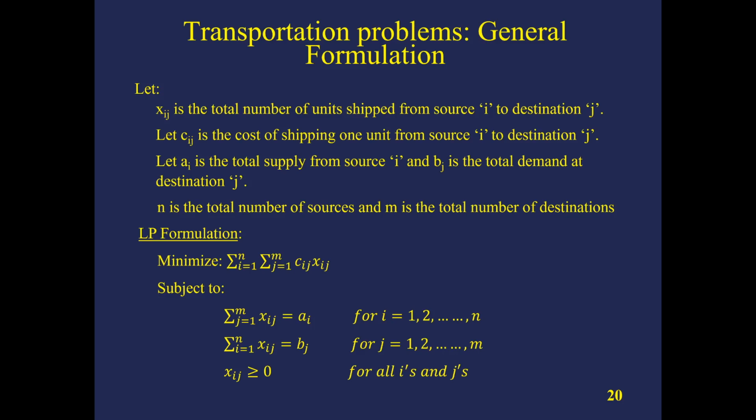Again, double subscript variables are useful in this kind of formulation. We say that Xij is the total number of units shipped from source i to destination j, and that Cij is the cost of shipping 1 unit from source i to destination j, and that Ai is the total supply from source i, and Bj is the total demand at destination j, and N is the total number of sources, and M is the total number of destinations.